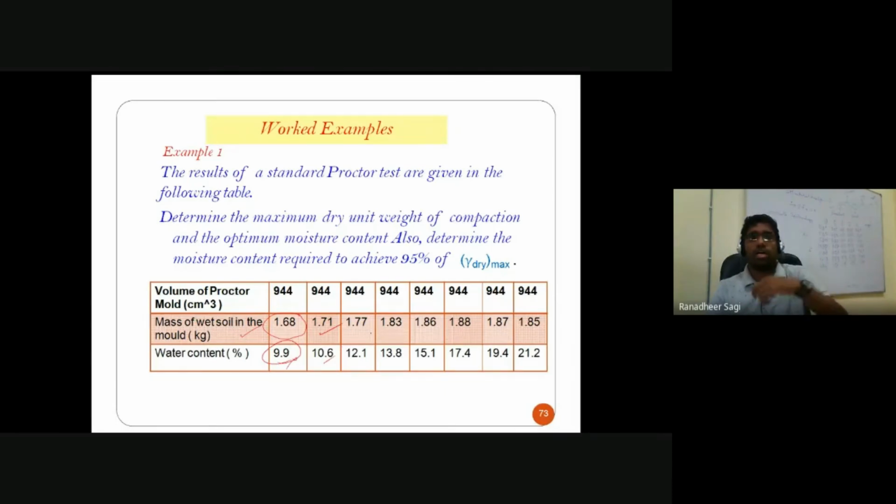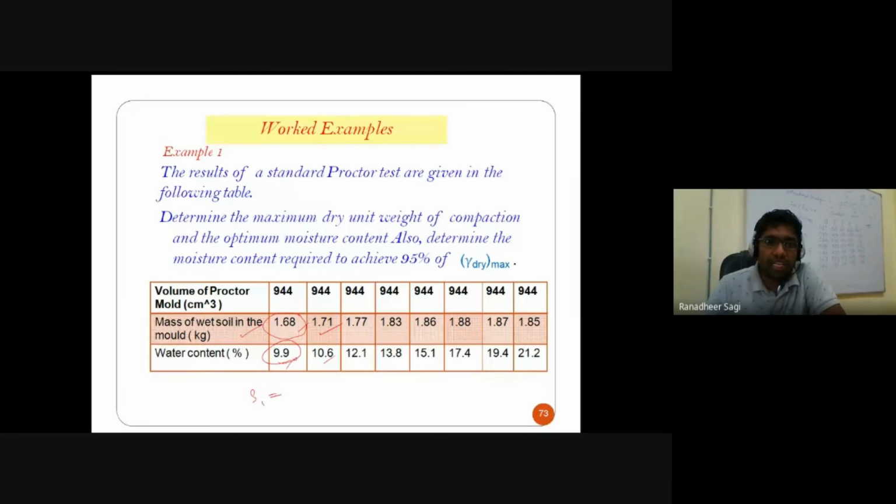So once you have the respective water content and the weights, then if the weight is known, the volume of the mold is anyhow the standard volume. So I can try to find the bulk unit weight. So how do we calculate the bulk unit weight, or bulk density? Here the data is in kg, so I am going to talk in terms of density.